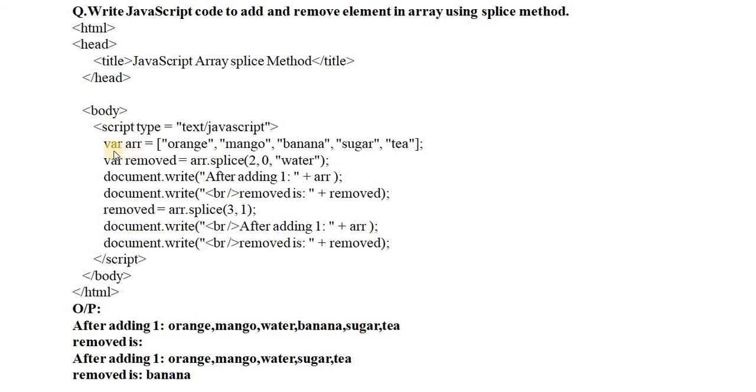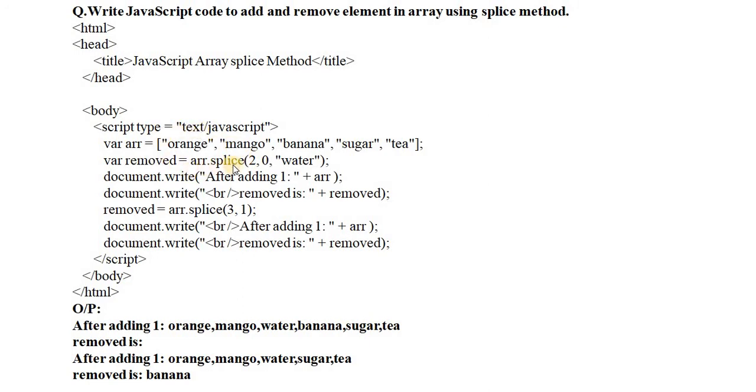After that, we create one array, that is var array, assigning the values orange, mango, banana, sugar and tea. After that, here we create one variable, that is var removed, and apply the splice method and store it in that variable.